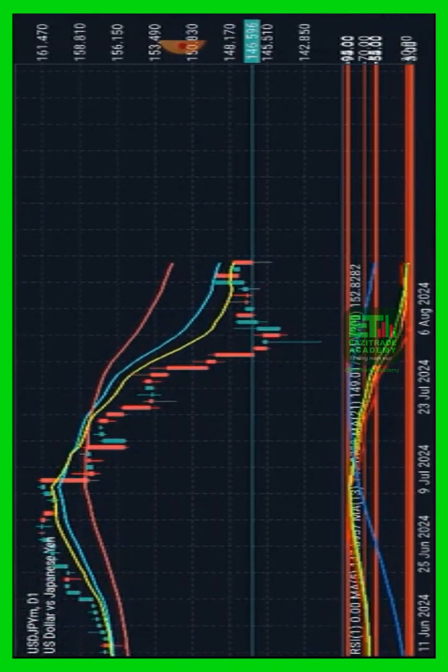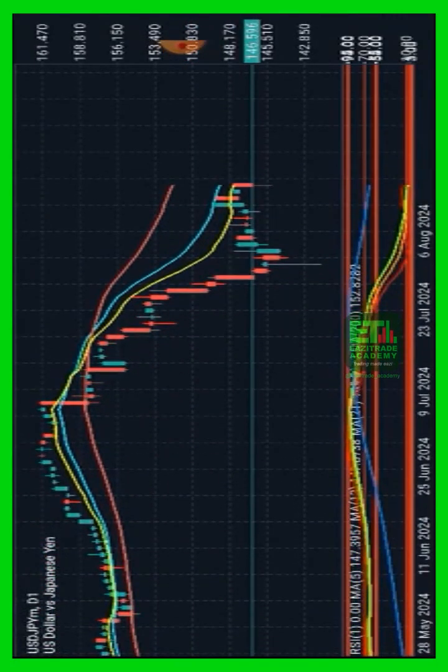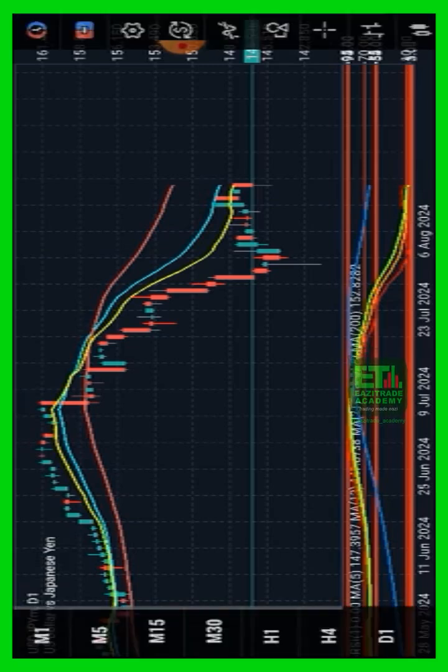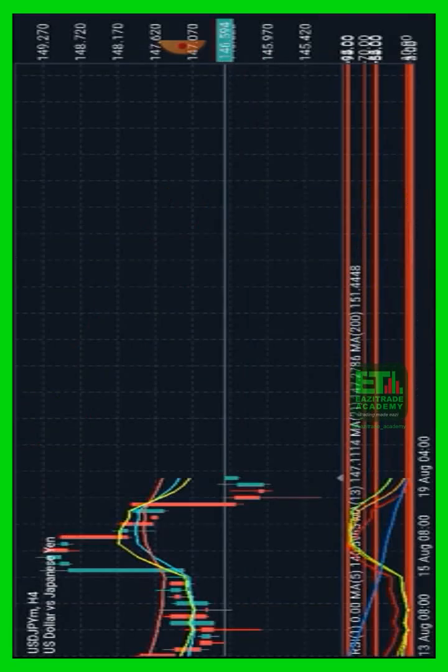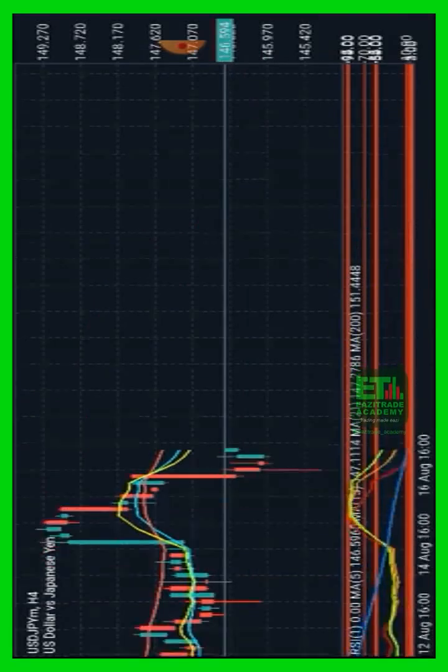As we can see, the market was initially in an uptrend, but a dip occurred. There was a decline in the market, indicating a downtrend. The next thing is, let's check 4 hours, H4.